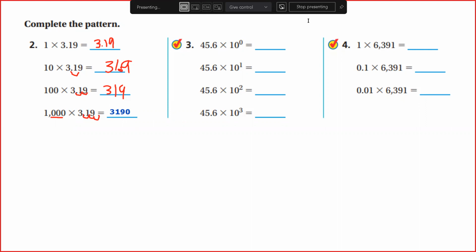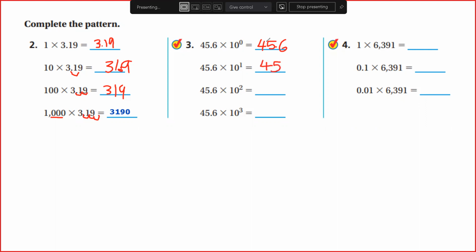Jilan. Yes, teacher. 45.6 times 10 to the power of 0. It's going to be the same thing, 45.6. The second one, 45.6 times 10 to the power of 1. 456.